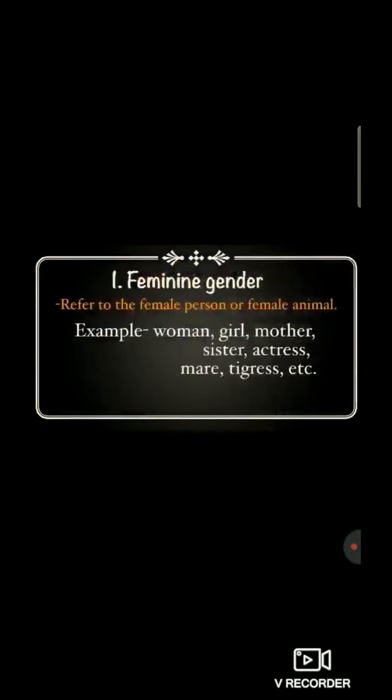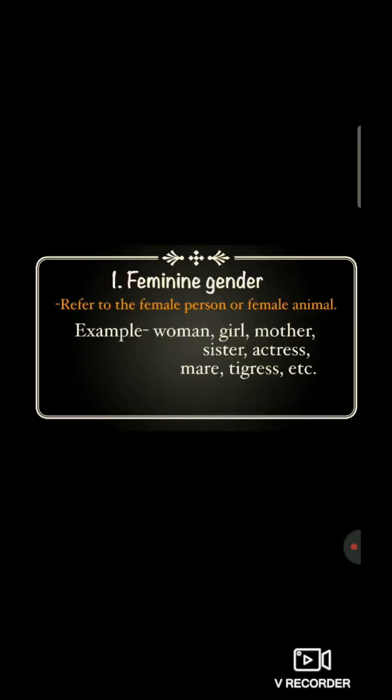The second one is feminine gender. Students, again I am saying that first I had explained masculine gender, right? The second one, feminine gender. Now, what is feminine gender? A noun that refers to a female person or female animal is called feminine gender.